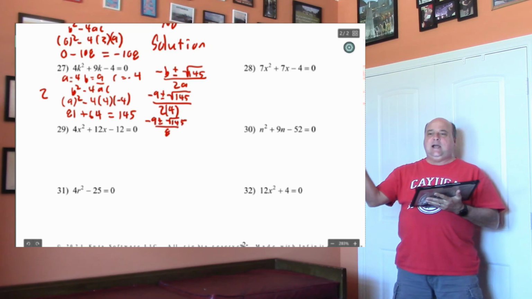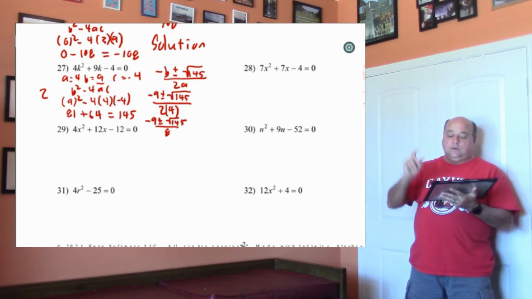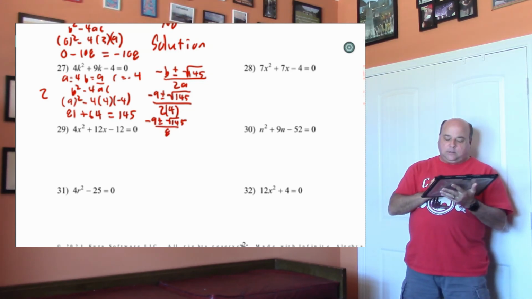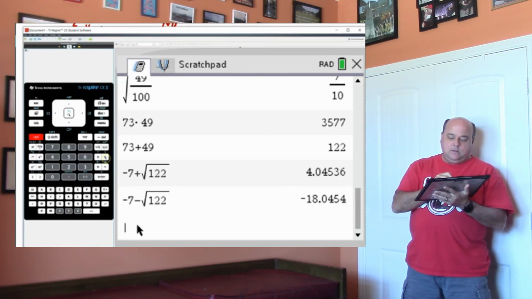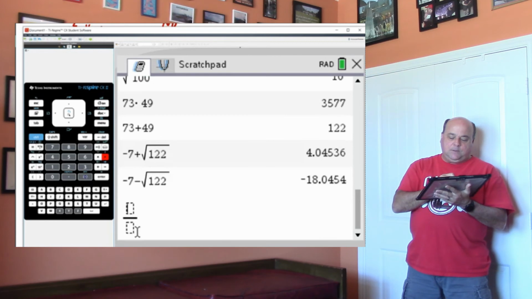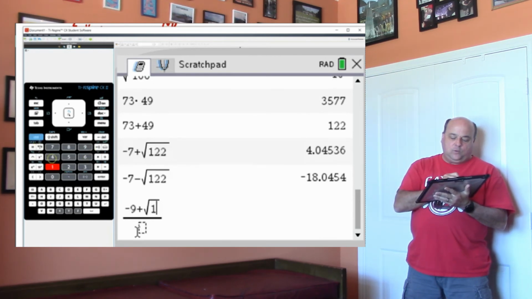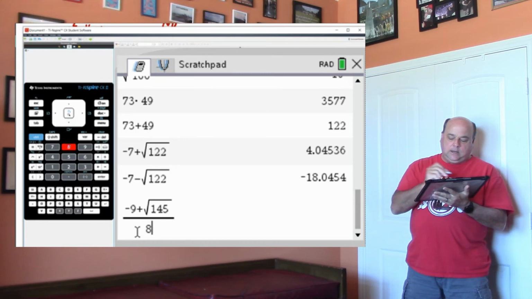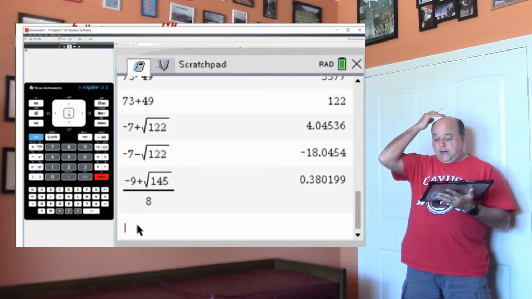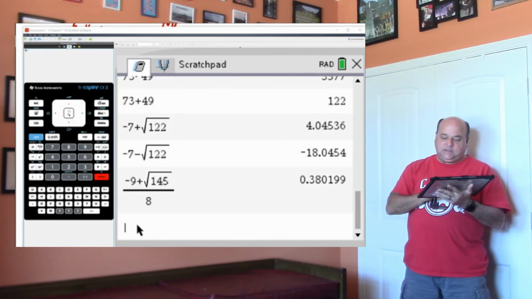And now I'm going to type this in twice and get my 2 zeros. Got to kind of write small here, okay? So negative 9, hit control divide. Then type in negative 9 plus control x squared, 145. Hit the down button, and it's all over 8. Hit enter, and 0.38. That's one of my zeros.